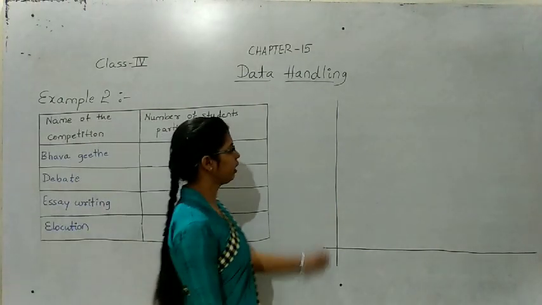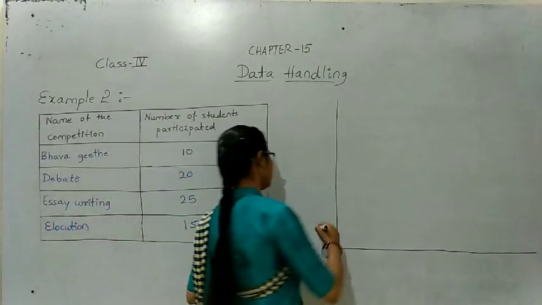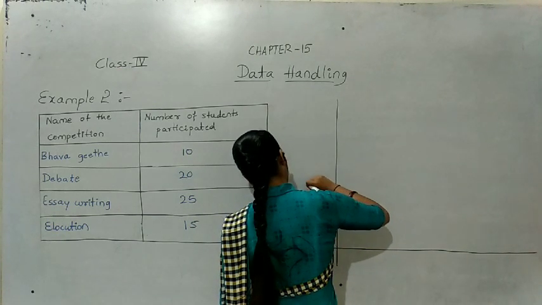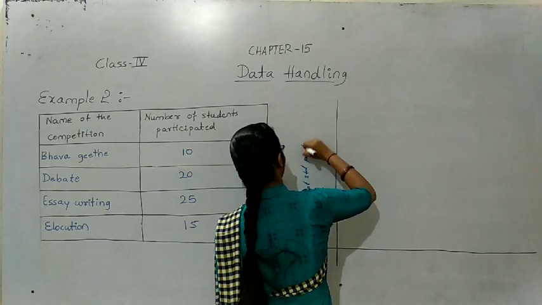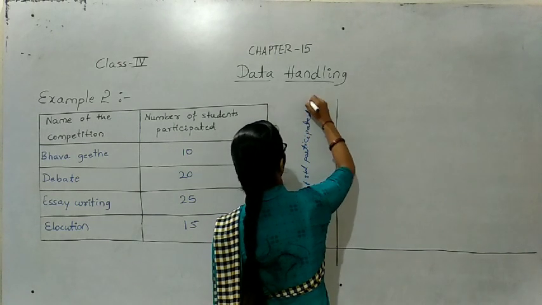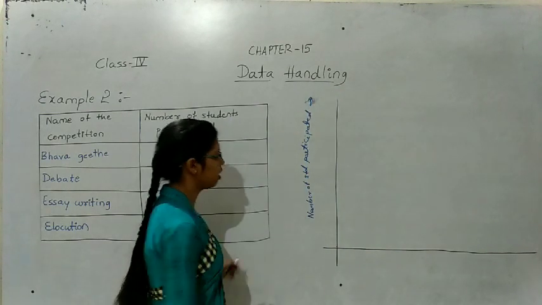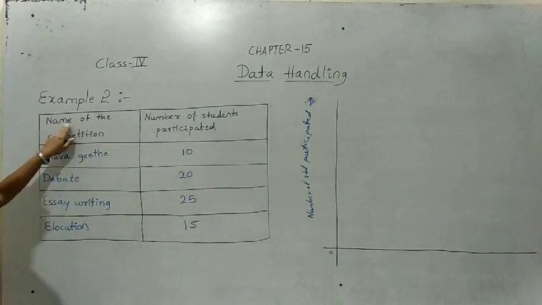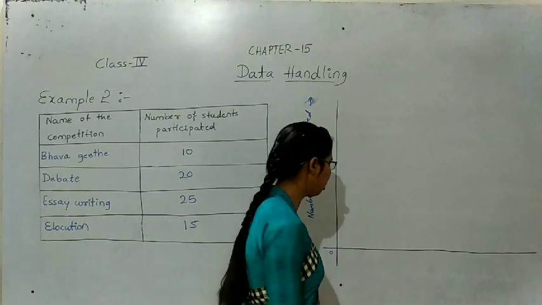Here the vertical line indicates the number of students participated. What is that? Number of students. The horizontal line indicates the name of the competition.